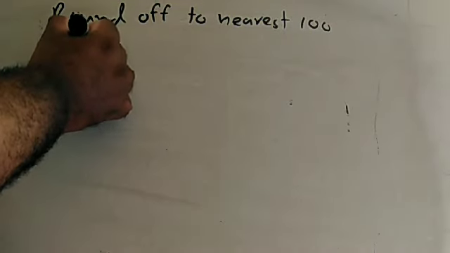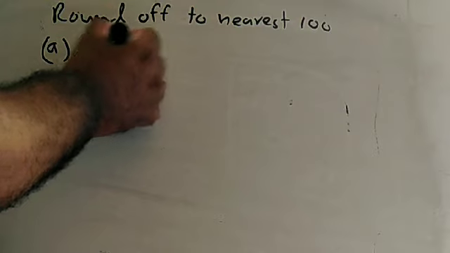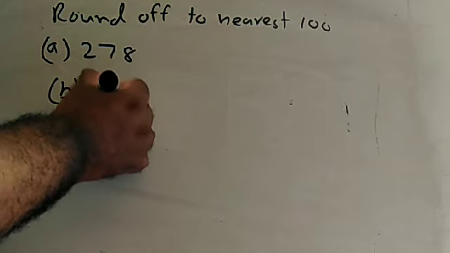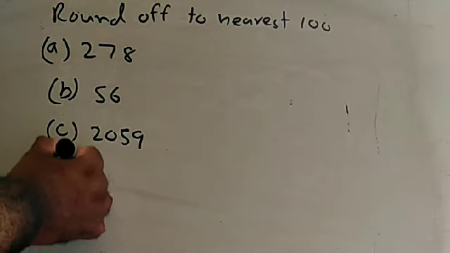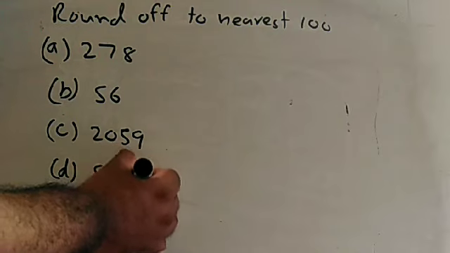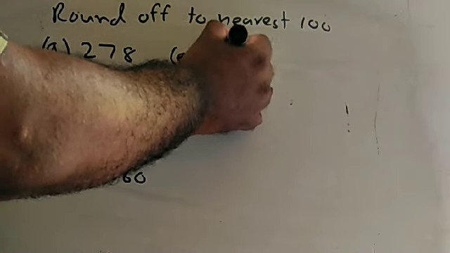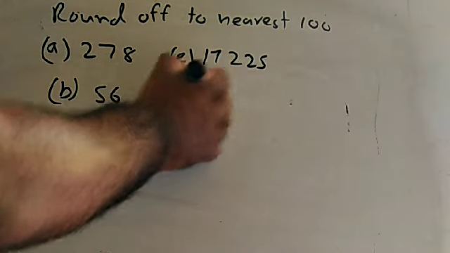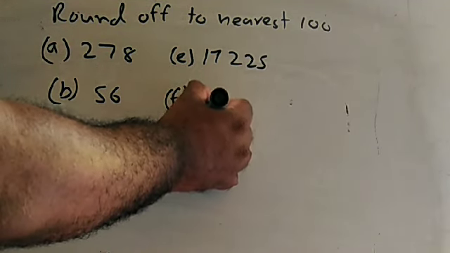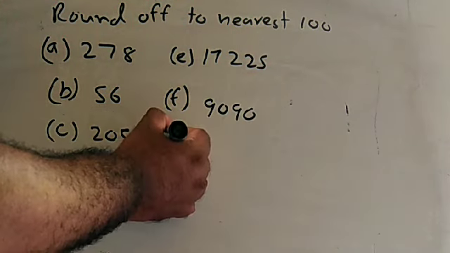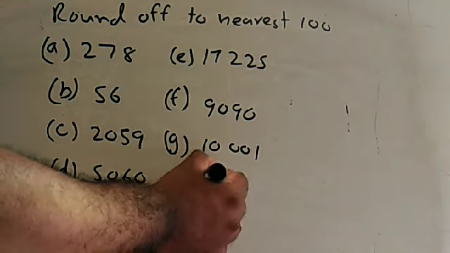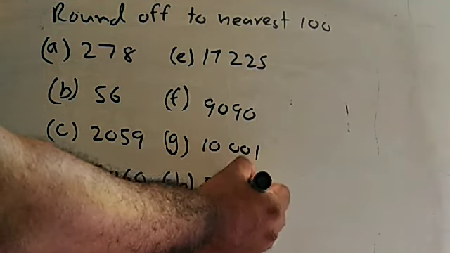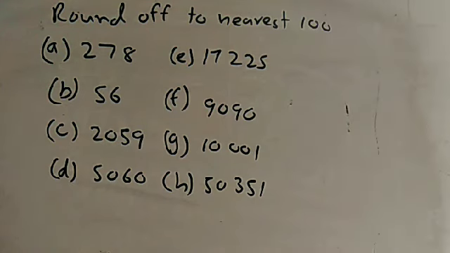A: 278, B: 56, C: 2059, D: 5060, E: 17225, F: 9090, G: 10,001, H: 50,351. Right, do this at home.